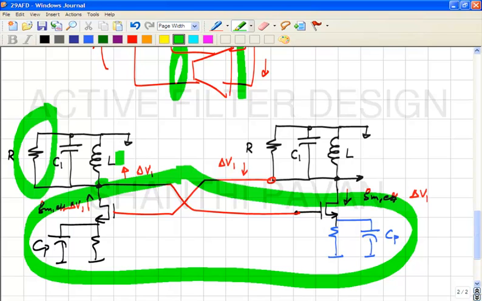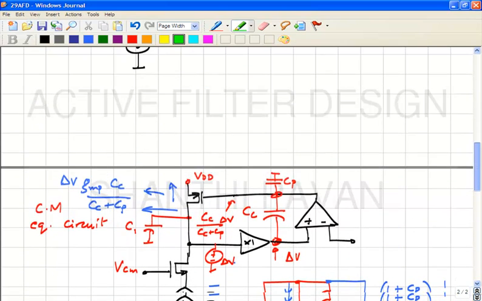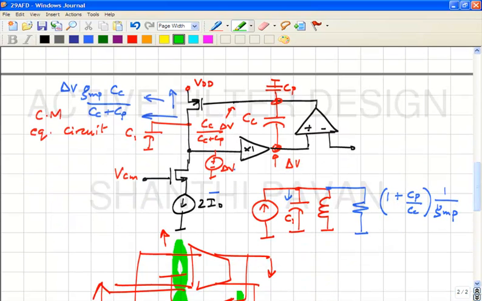So if you want it to be stable, you want the damping factor to be as large as possible, which means that you must reduce R, because this is a shunt RLC network. Is that clear? Okay. So in this diagram, what does that boil down to? You have to increase CC.